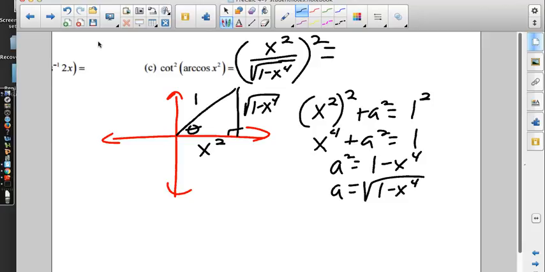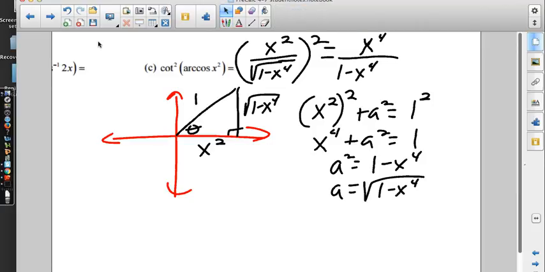So, we get an x to the 4th on the top. But there is some good news. By squaring it, we now have that 1 minus x to the 4th on the bottom. And no, we cannot cancel out those x to the 4ths. Remember, canceling is a form of division. We have to see pure multiplication to divide. There is subtraction here. So this will just be x to the 4th over 1 minus x to the 4th.